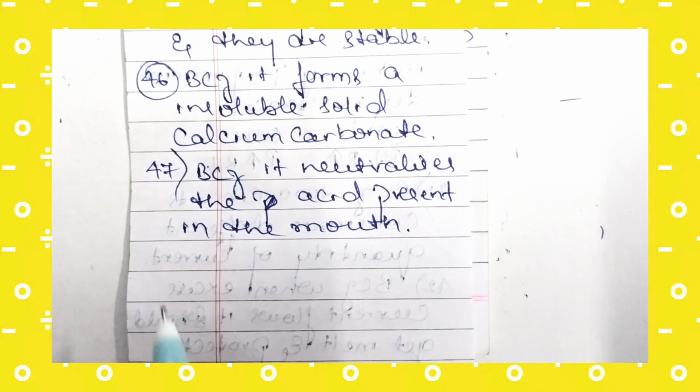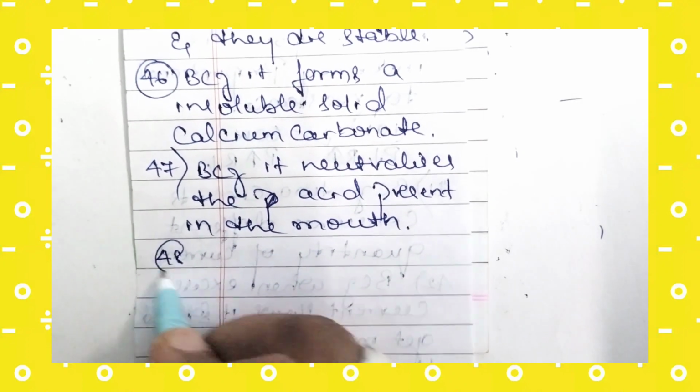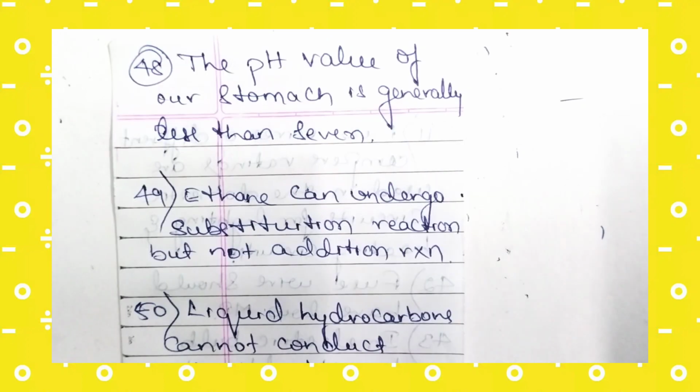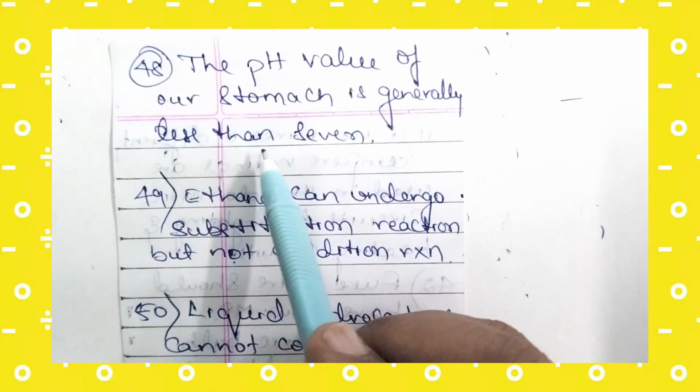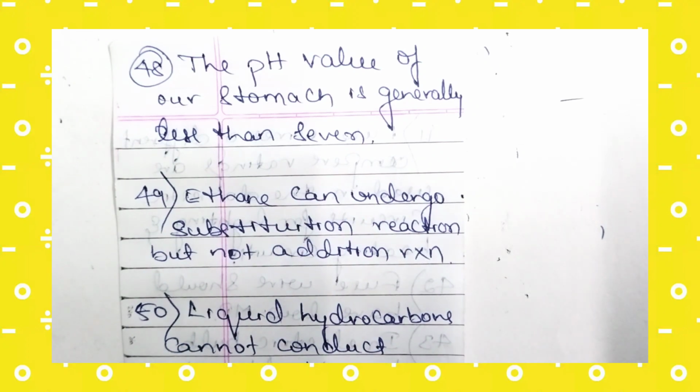Now let us move for question number 48. The pH value of our stomach is generally less than 7.